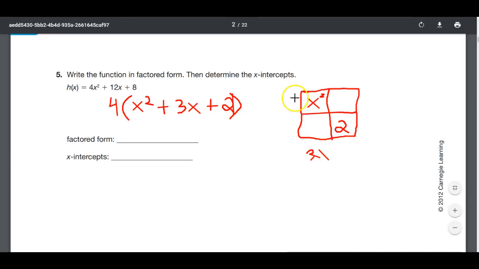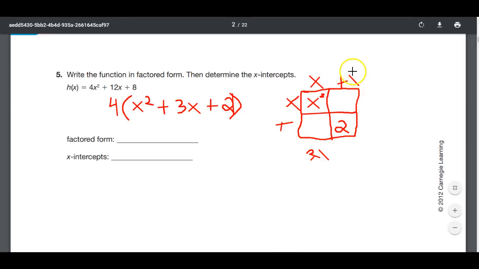To get to x squared, I'm going to have x here and x here. I don't know if that's going to catch up or not, but x times x gives me x squared. And then to get to 2, 2 is a prime number, so I can put 2 here and 1 there. I could do negatives, but since this is positive, I'm going to use positive 2 right here, and then positive 1.